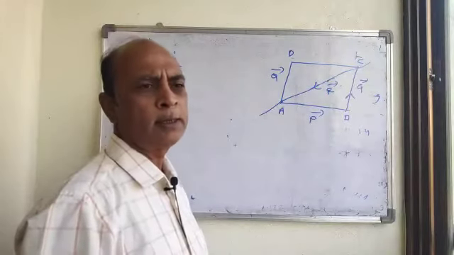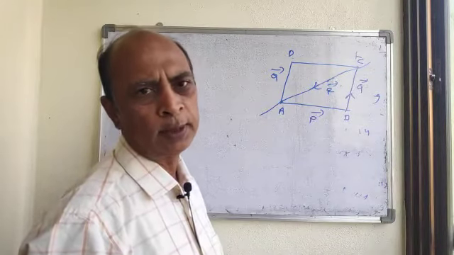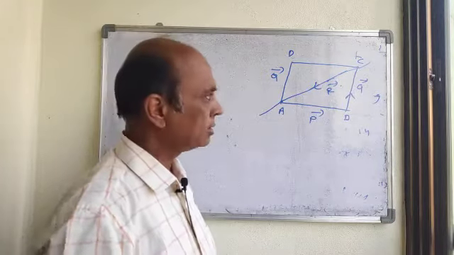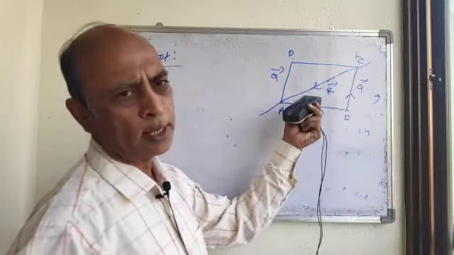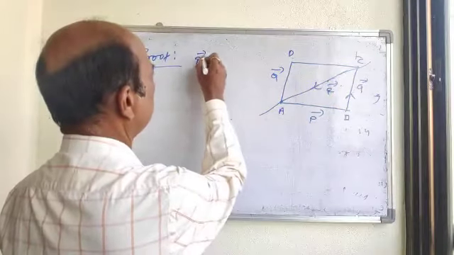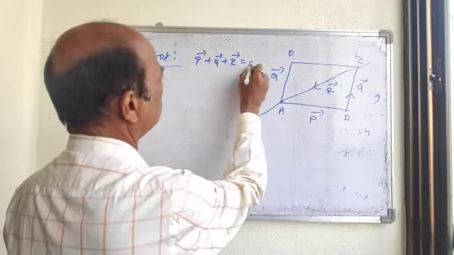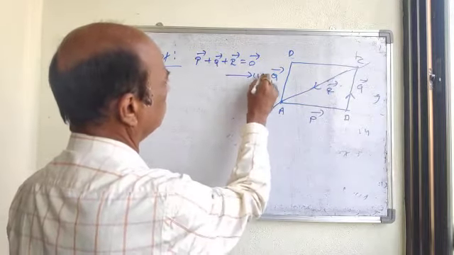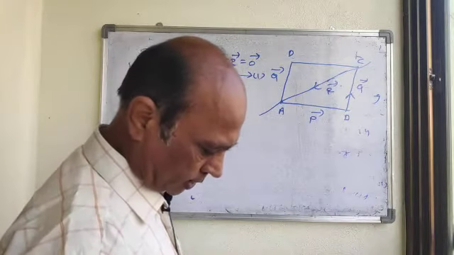In the last triangle law of forces we proved that they are in equilibrium; here we are supposing that the three forces P bar, Q bar and R bar acting on a particle A are in equilibrium. Which implies that P bar plus Q bar plus R bar must be equal to 0 bar. So this is our first argument here.